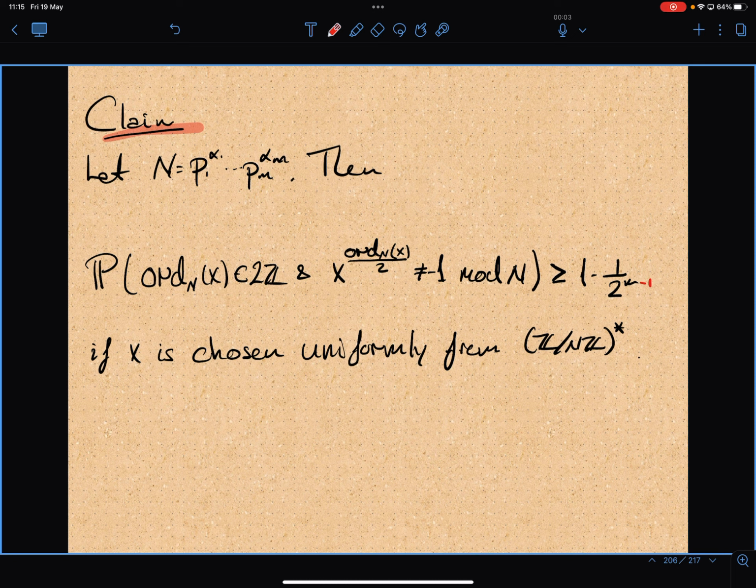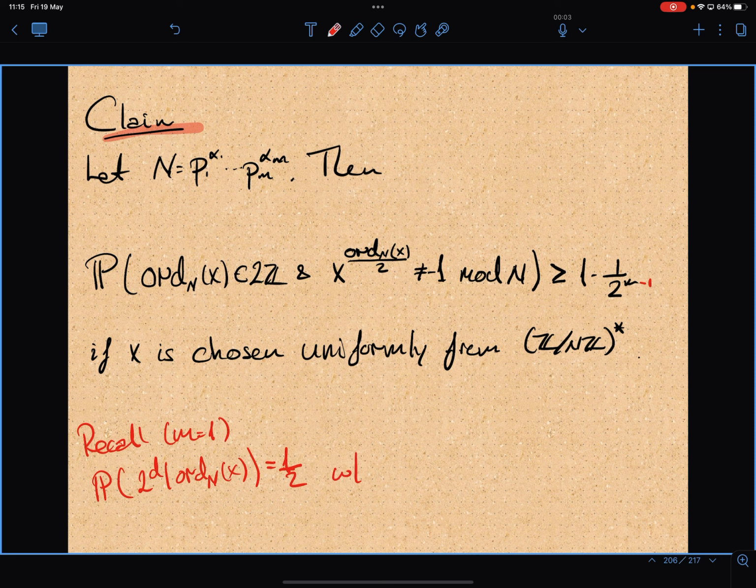And I guess we should recall, if m is equal to 1, then we have the statement that the probability that 2 to the d divides the order of x is equal to 1/2, with p minus 1 equal to 2 to the d times, we'll say k, where k is odd.